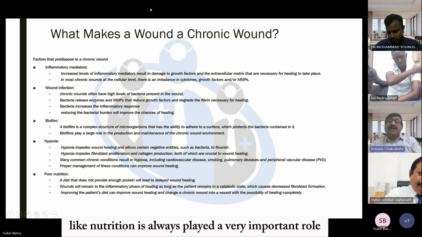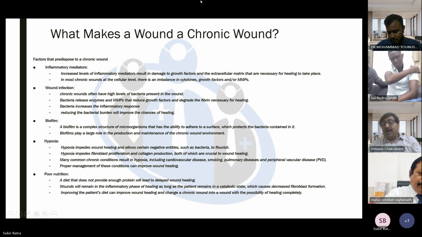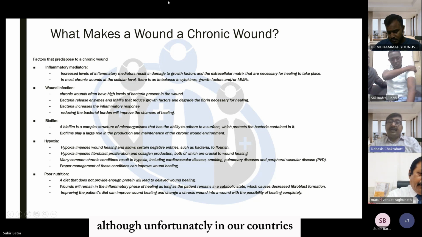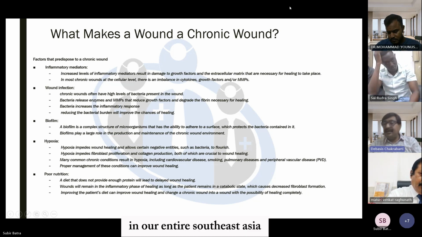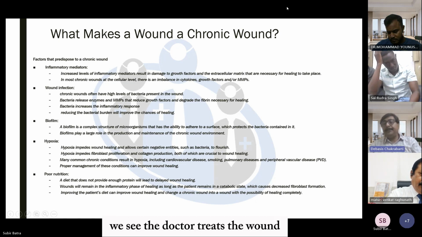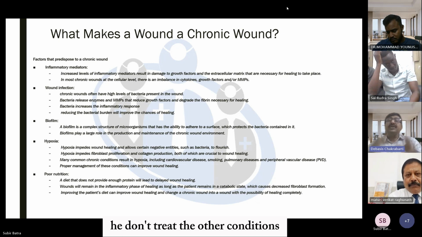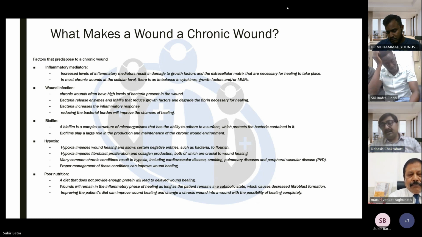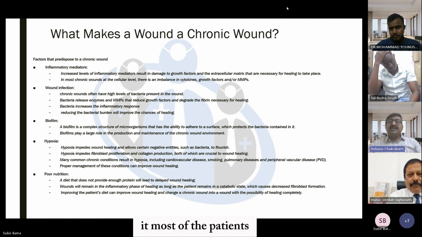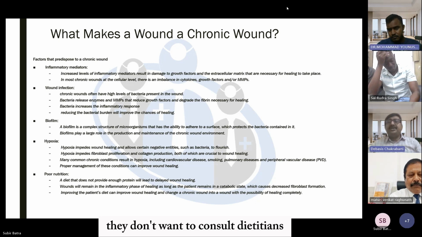Nutrition always plays a very important role. Unfortunately, in our countries, in entire Southeast Asia and in these developing countries, the doctor treats the wound but doesn't treat the other conditions. Most of the patients don't want to consult dietitians.